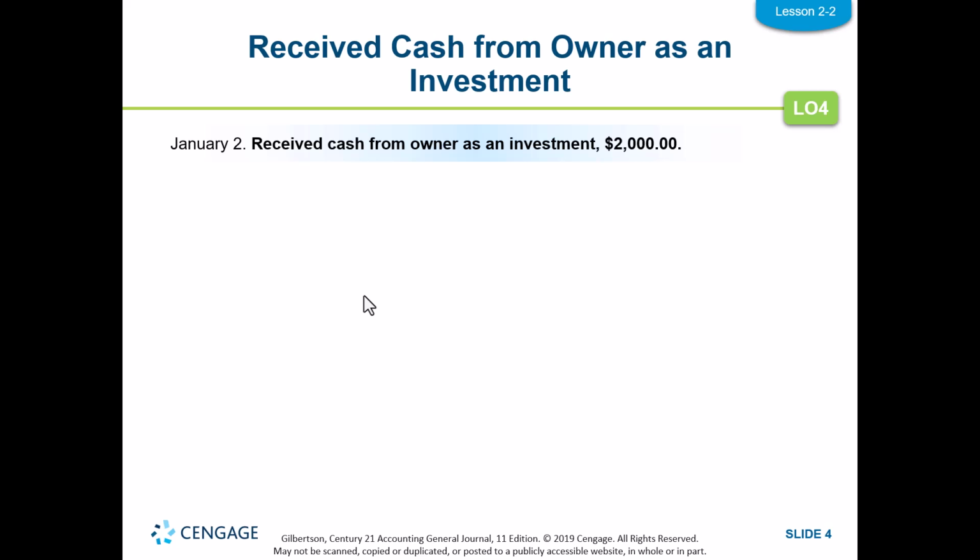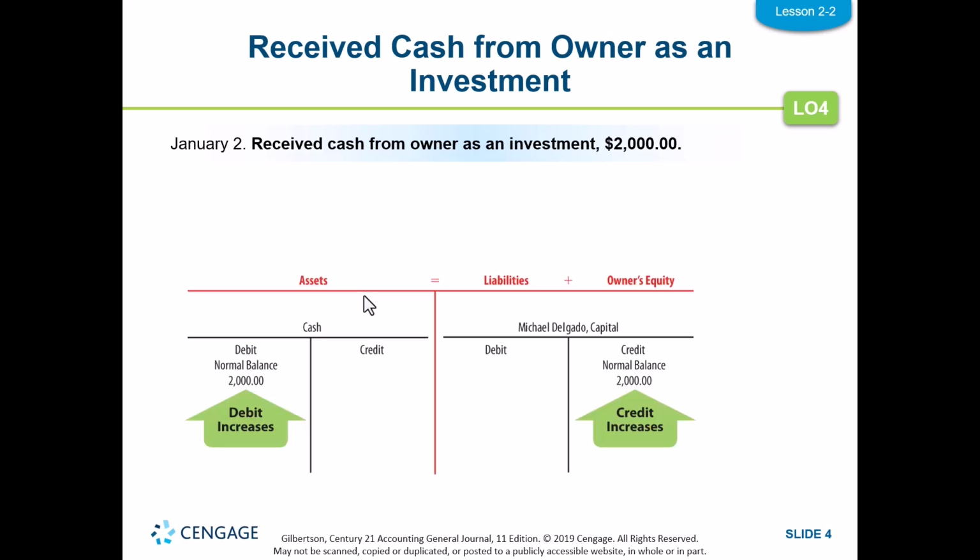Therefore, it increases on the left side or the debit side. So we're going to be debiting our cash account for $2,000. And what are we going to be doing to that capital account? We're going to be crediting our capital account. So we're going to debit cash for that $2,000, and credit Michael Delgado's capital account for that same amount.